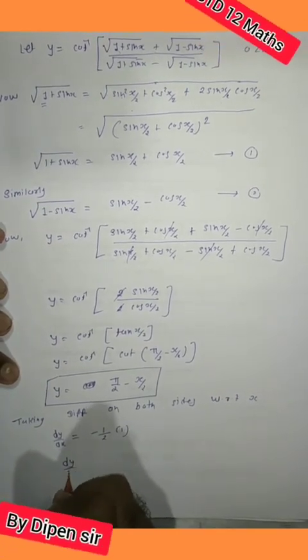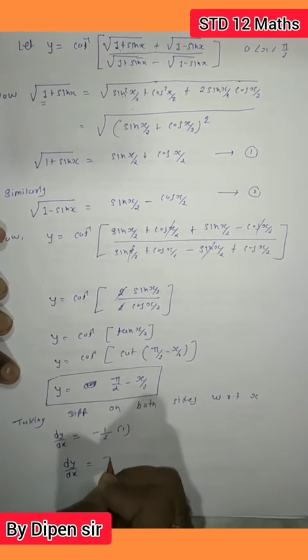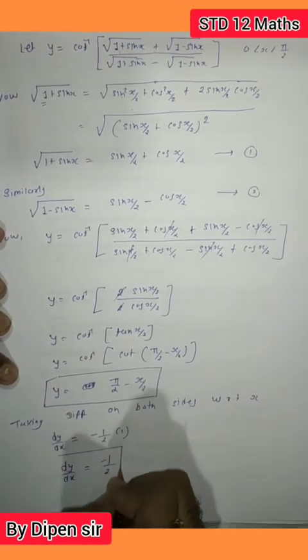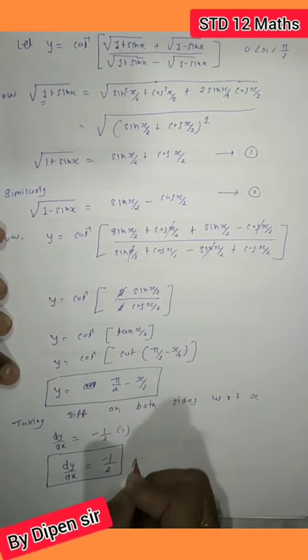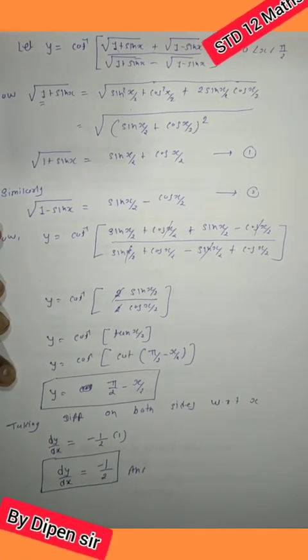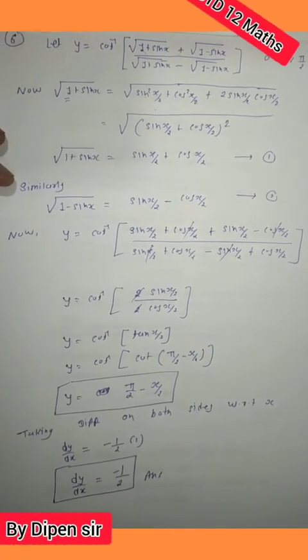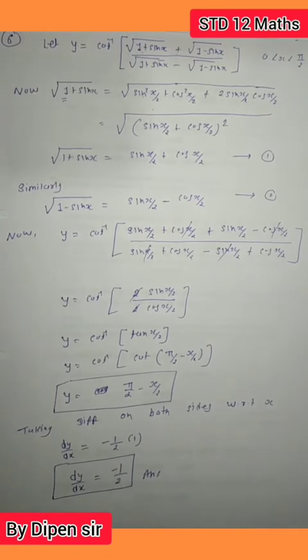Therefore our answer dy by dx is equal to minus 1 by 2. Clear, students? This is question number 6.